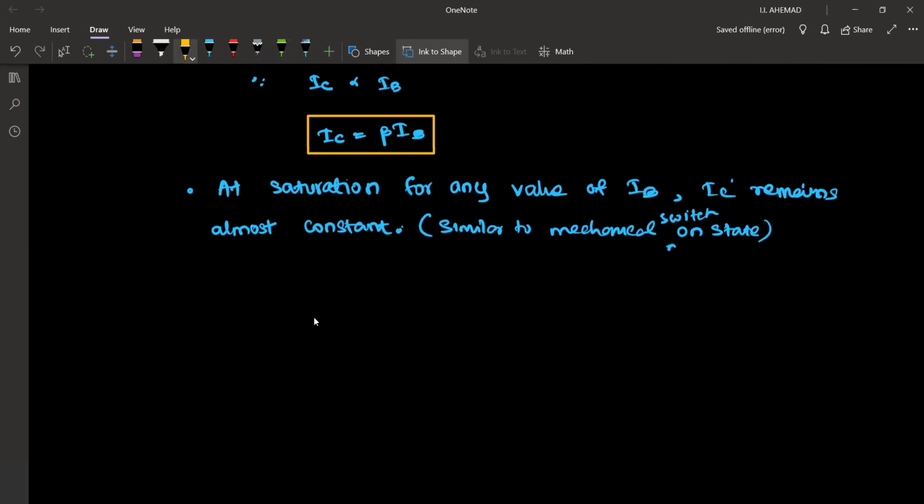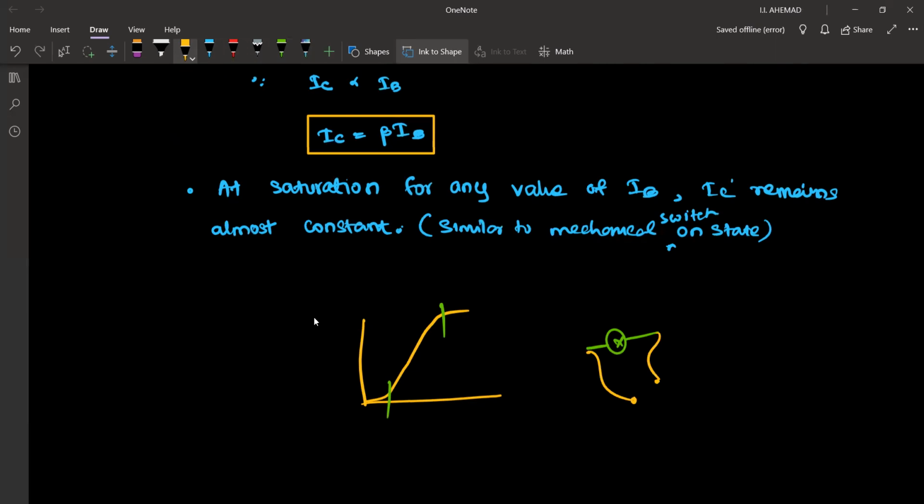Okay. I will just explain. Now we have three regions: cutoff, active, and saturation. For the cutoff region, we have connected this bulb to the output of the transistor.